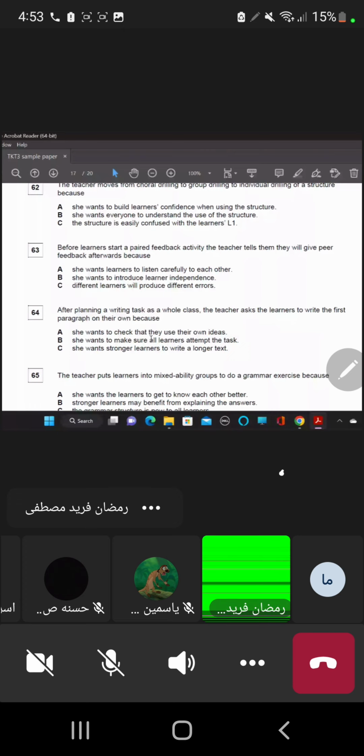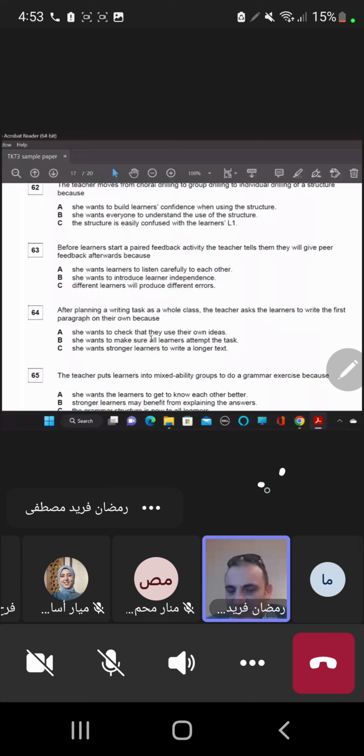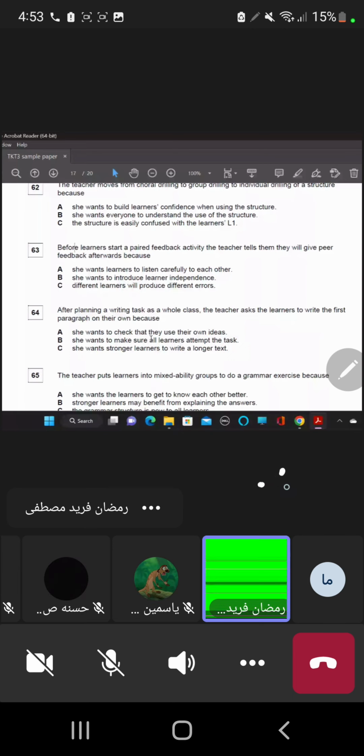How will they do a writing task as a whole class? The teacher asked that everybody will be writing about the same thing. Number B, doctor. The whole class will have a test, like a writing test. Okay. Now we will be writing an essay or a paragraph or a postcard or a Facebook post about so and so.